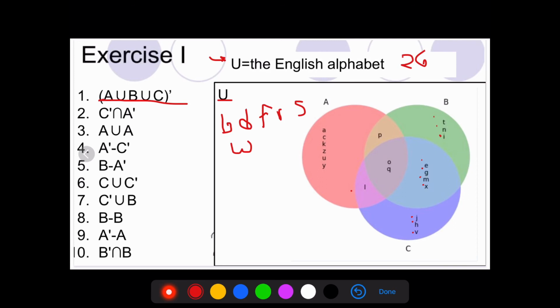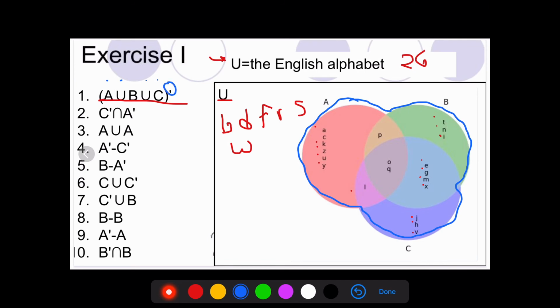So I have 20 in sets A, B, and C, and I have 6 outside that are not in set A, B, or C. So the first thing I want to do is look at A union B union C, and if we go back and look at union of 3 sets, we'll see that's everything that's in any of those.